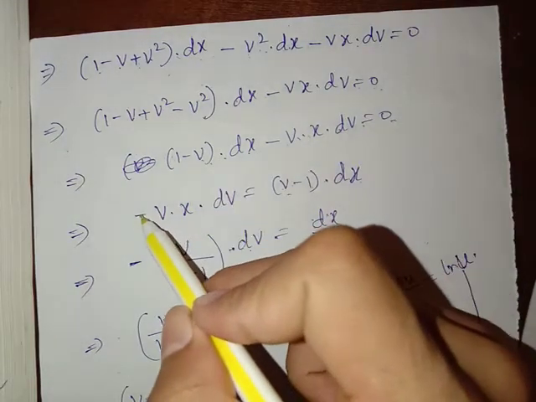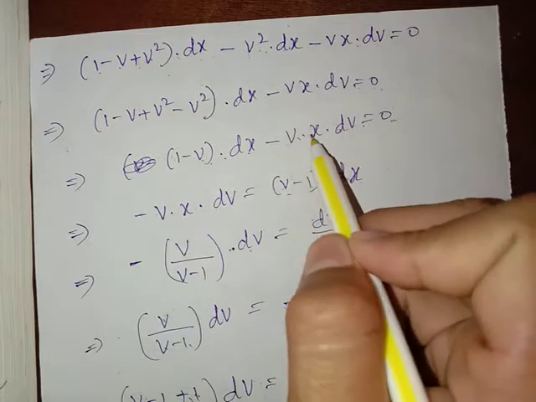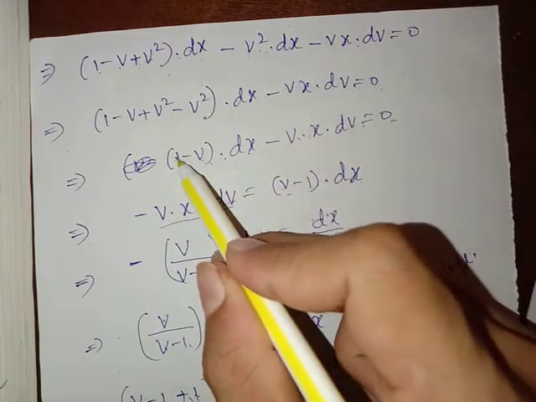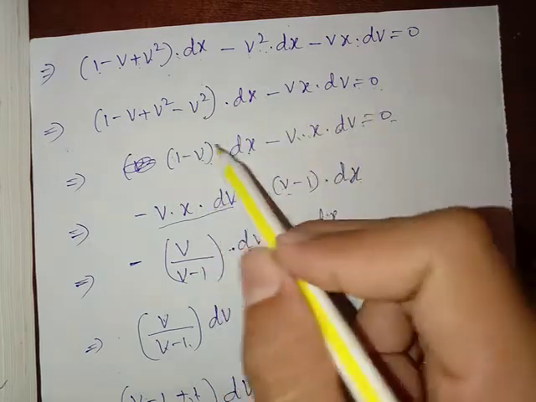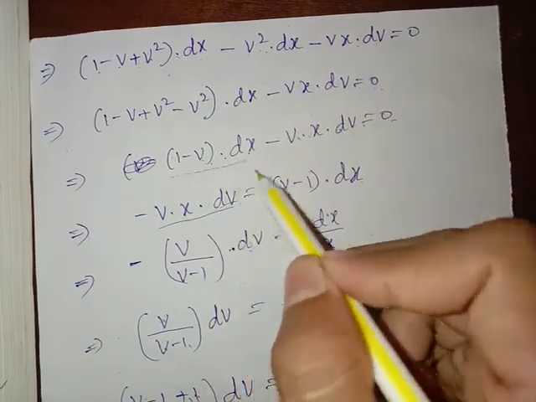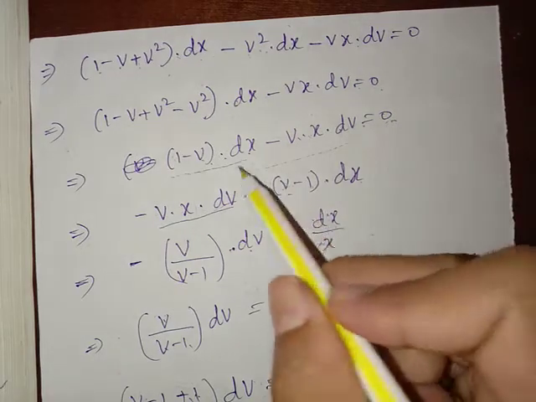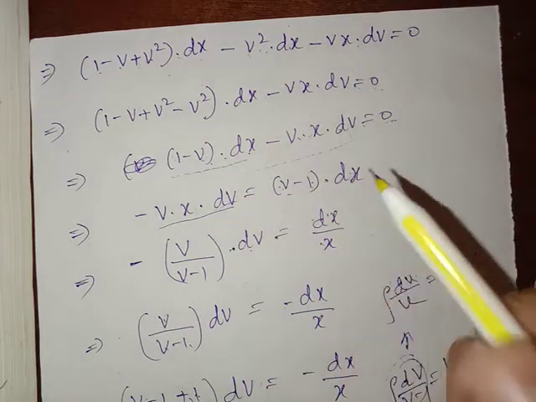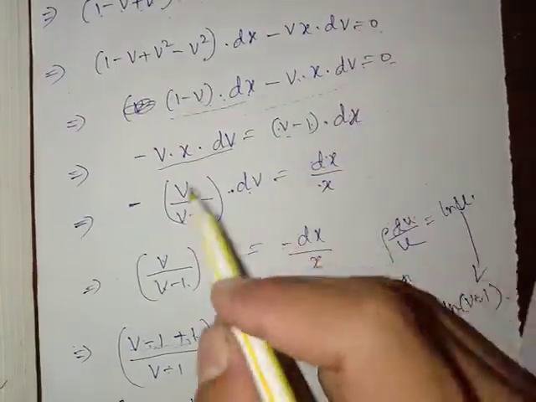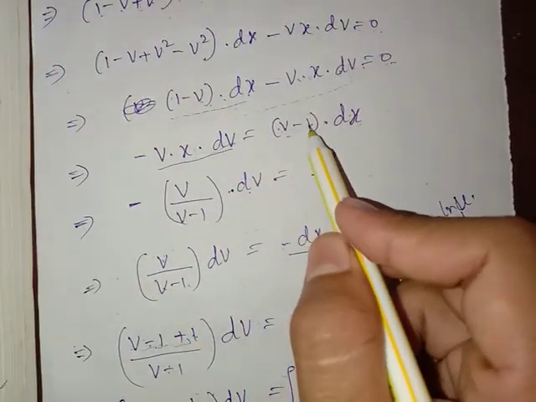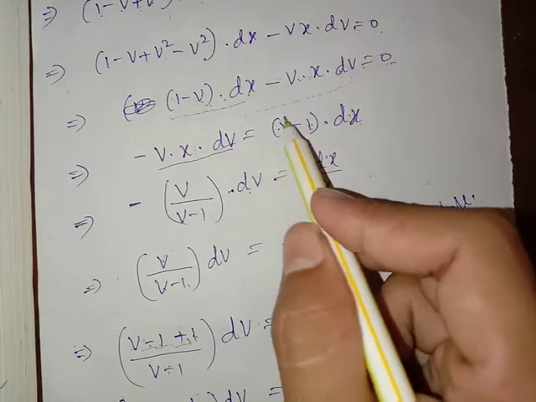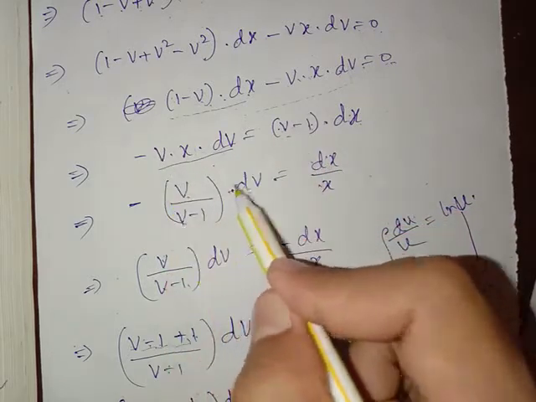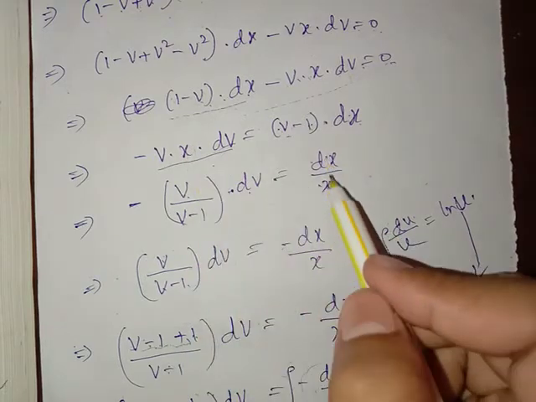Now minus vx into dv, if we shift this to the other side of the equation, we get 1 minus v becomes v minus 1 into dx. So if we take v minus 1 to the other side, v divided by v minus 1 into dv, and x to here, dx by x.